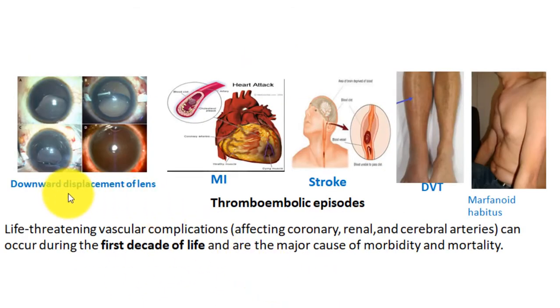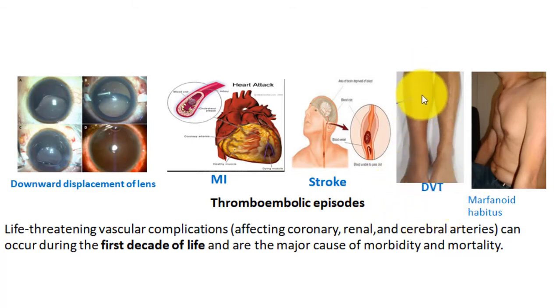Now you can see the downward displacement of lens in such patients. Because of thromboembolic episodes, these patients will have myocardial infarction at an early age, within one decade, and can have stroke, and then deep vein thrombosis.